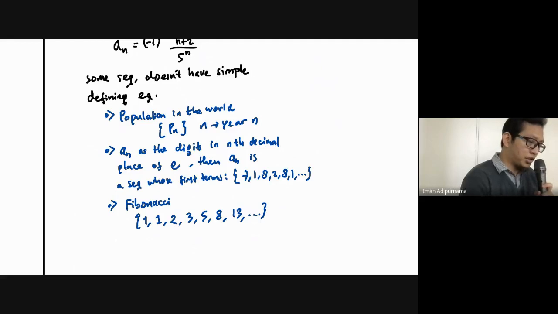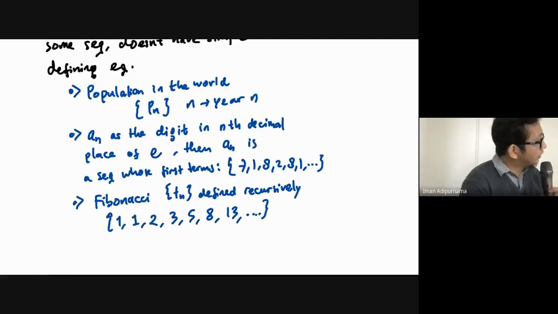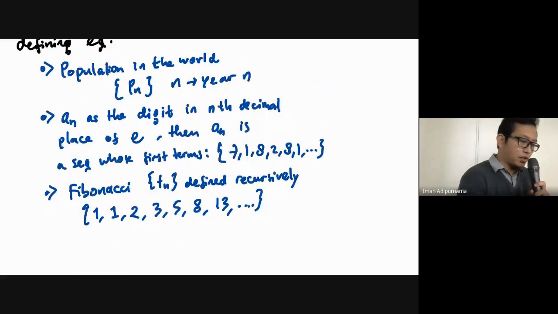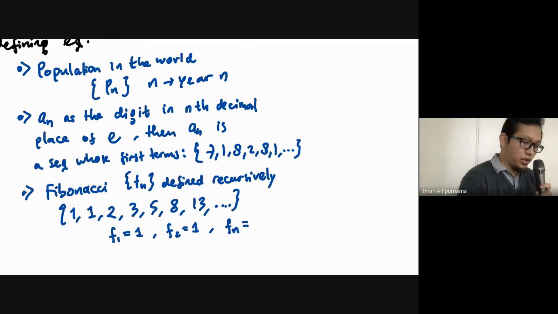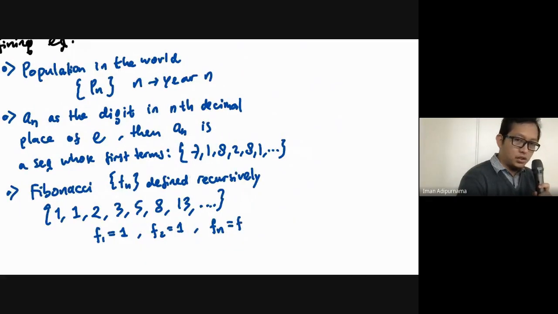If we call the Fibonacci F_n, then it is defined recursively. So F_1 is 1, F_2 is 1, and then F_n equals F_(n-1) plus F_(n-2).